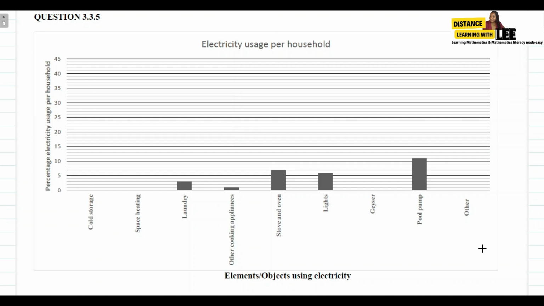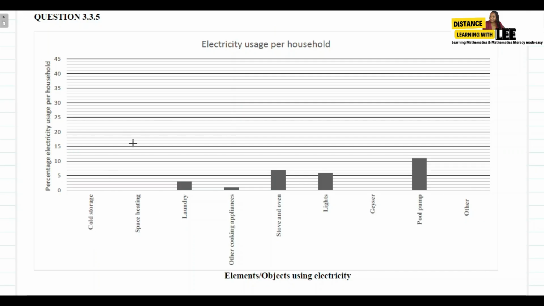So we have to complete this bar graph by filling in the missing values, okay? They've already drawn the bar graphs for the laundry, the other cooking appliances, the stove and oven, the lights, and the pool pump. We need to basically draw our bars for the geyser, the space heating, and the cold storage.